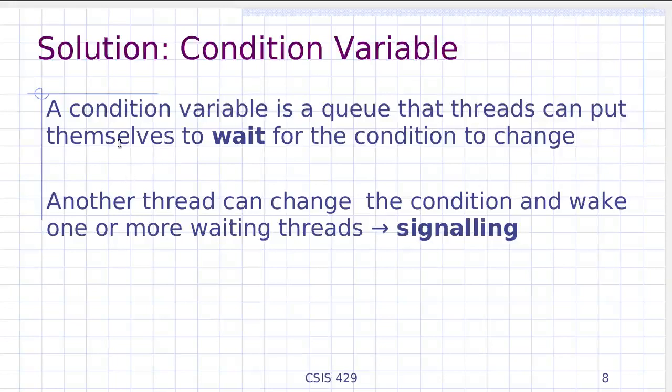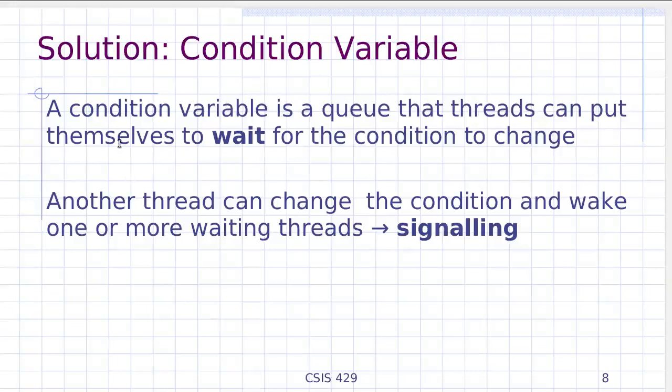Okay. The solution to all of this, it turns out, is to use what's called condition variables. You can use condition variables to do the same kinds of things as locks, but the way we will look at condition variables, we will see pretty soon that they do different things.